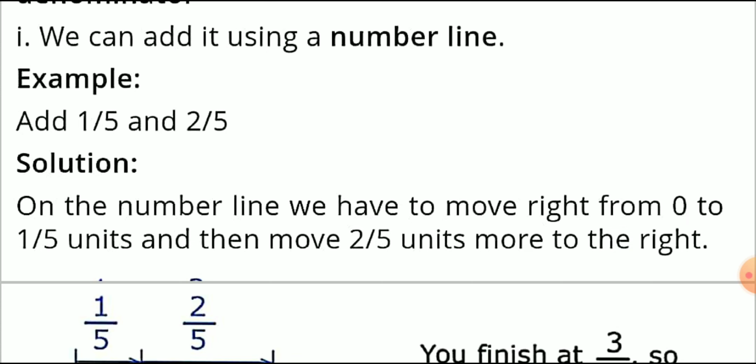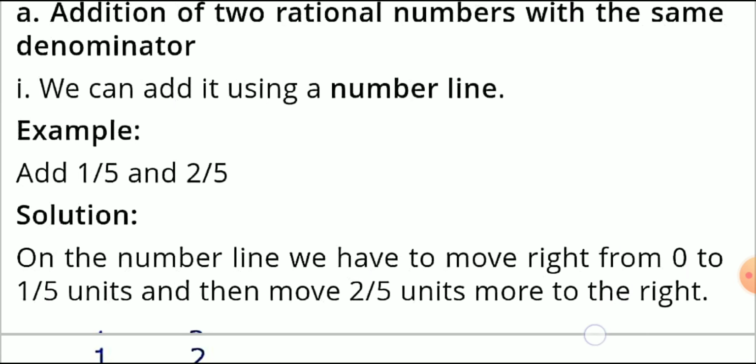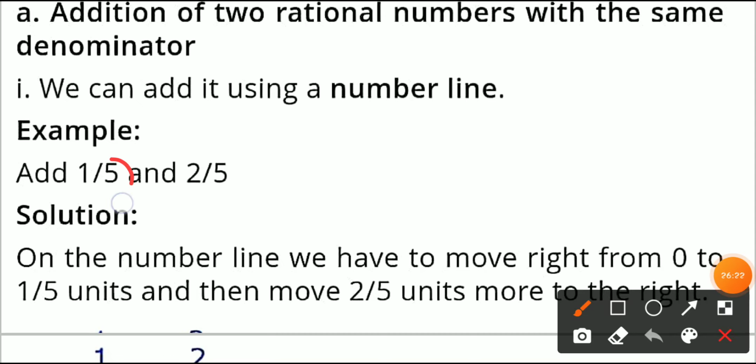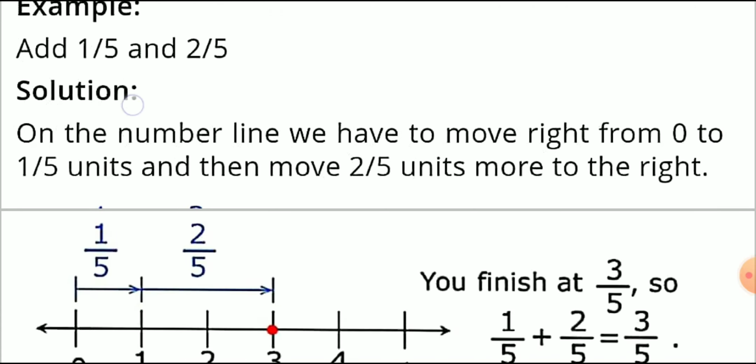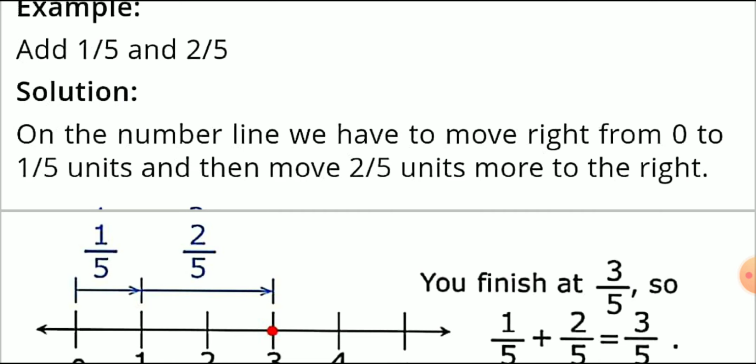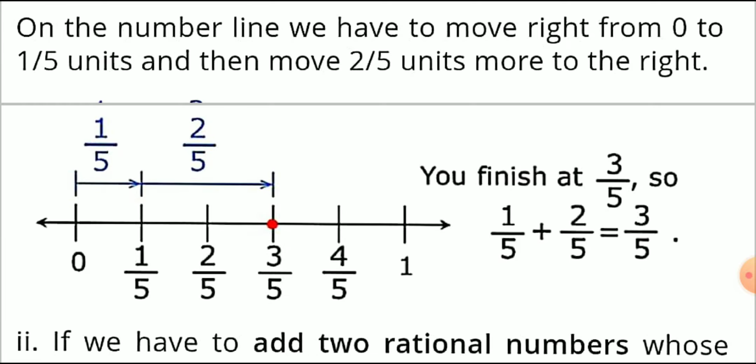Here we will see the first question, 1 upon 5 and 2 upon 5. Both numbers are like rational numbers, yes or no? Yes, because we have the same denominators. So 1 upon 5 plus 2 upon 5 is 3 upon 5.